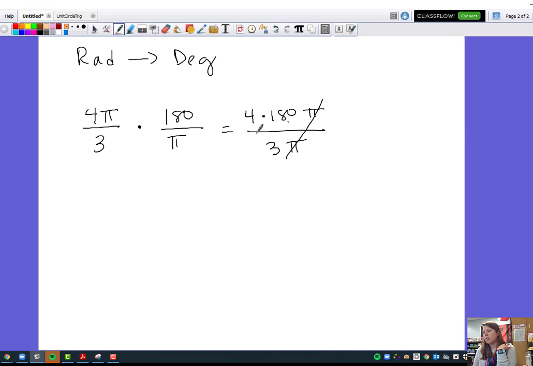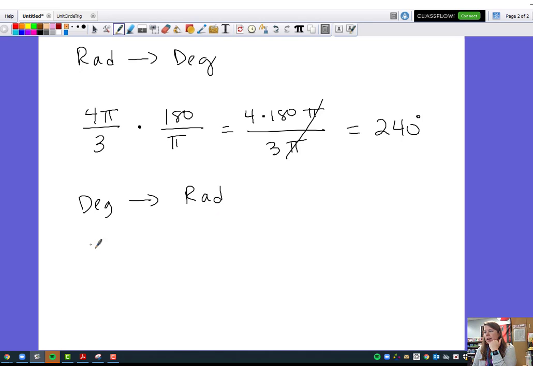The pi's will divide out, and then I can just type this in the calculator: 4 times 180 divided by 3 gives me 240 degrees. That's radians to degrees. It's pretty easy because we're just multiplying and typing things in the calculator. Degrees to radians is a little bit harder.